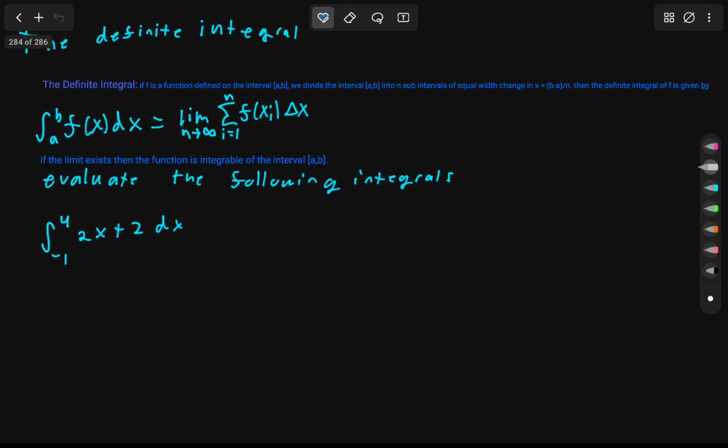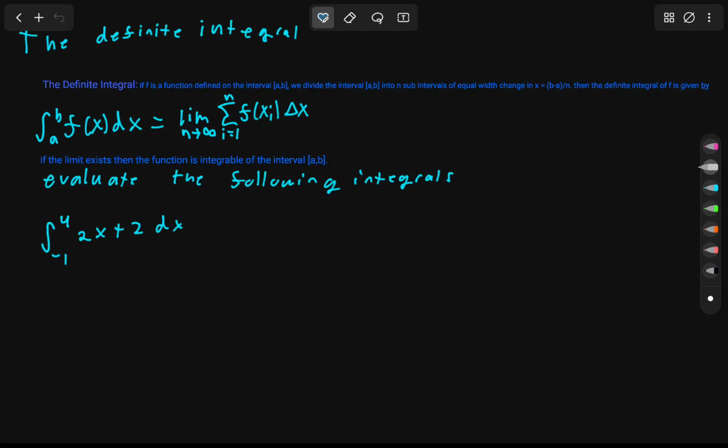So the definite integral, the definition of it, is: if a function is defined on the interval from a to b, we divide the interval a to b into n subintervals of equal width, where change in x is equal to b minus a over n.